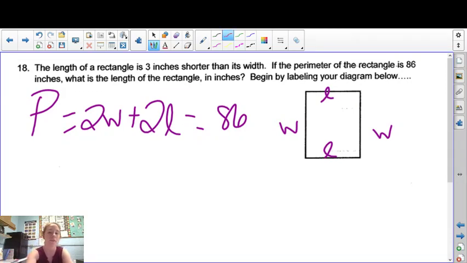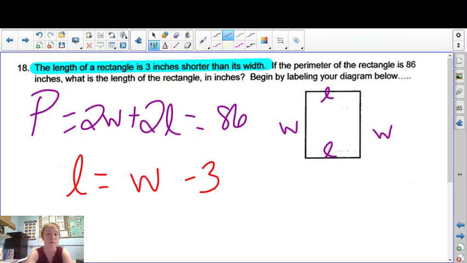But I actually have another piece of information right at the start that says the length of the rectangle is 3 inches shorter than the width. Shorter means we're going to subtract. And I'm going to take my width and I'm going to take him minus 3.